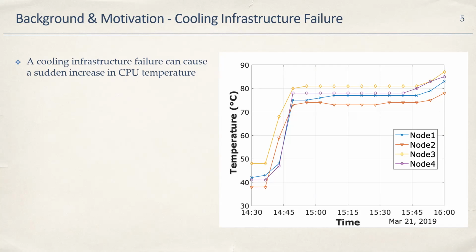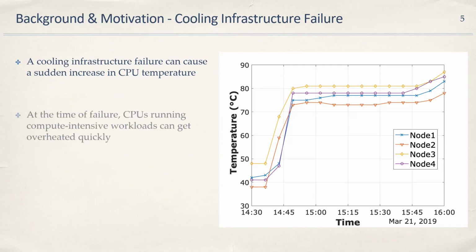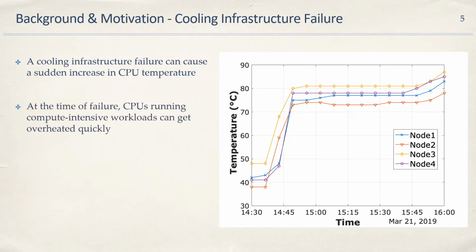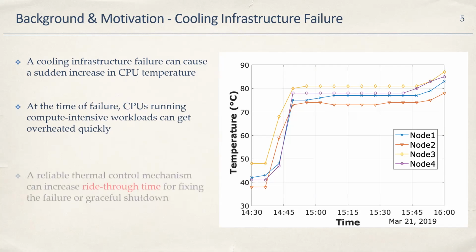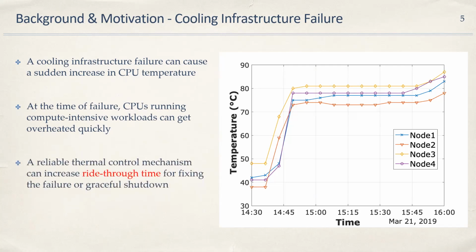In this way, the whole cluster started becoming hot, and especially at the time of a chiller failure, CPUs running compute-intensive workloads can overheat very quickly. Therefore, a reliable thermal control mechanism can increase ride-through time for fixing the failure or for a graceful shutdown.